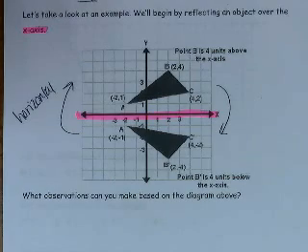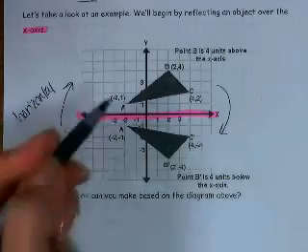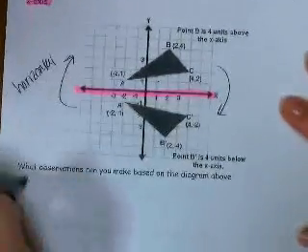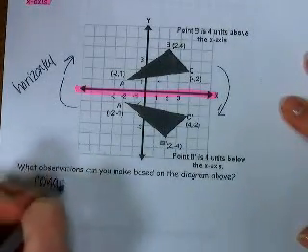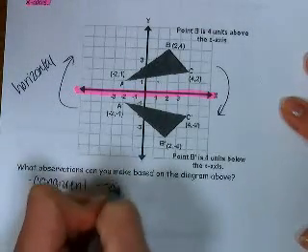Okay, well hopefully you paused the video, and one of the things that stands out to me right away is that the objects are congruent, so they're the same size and shape.